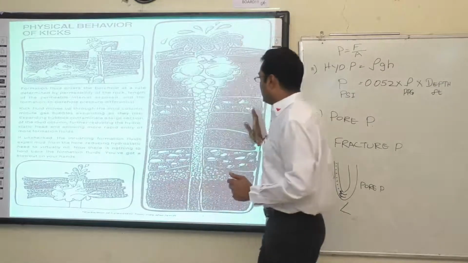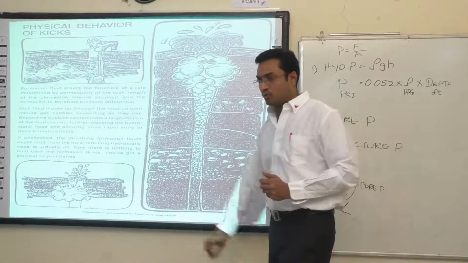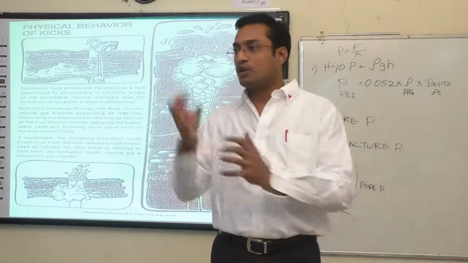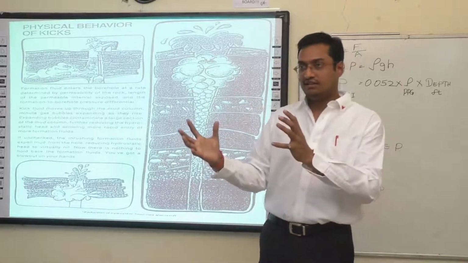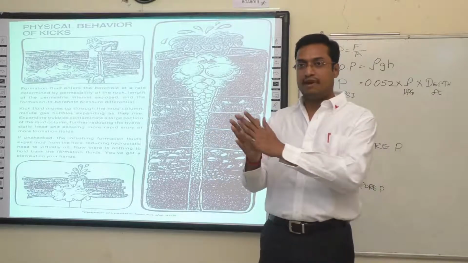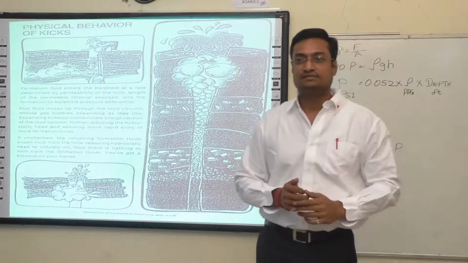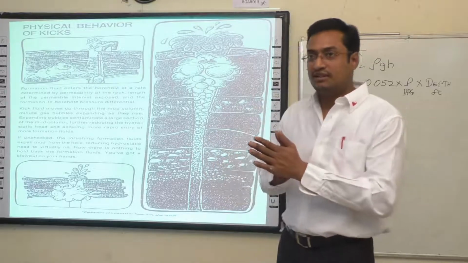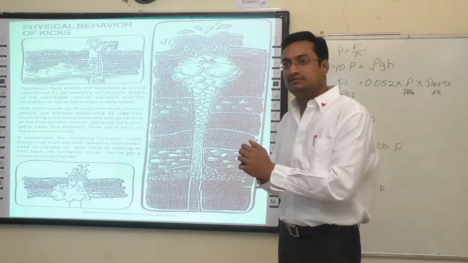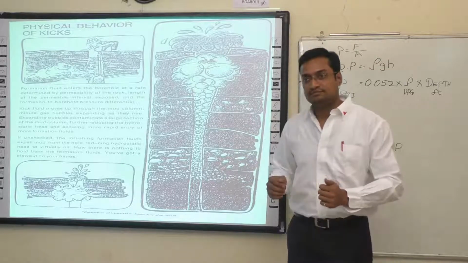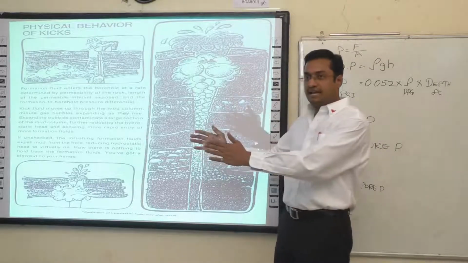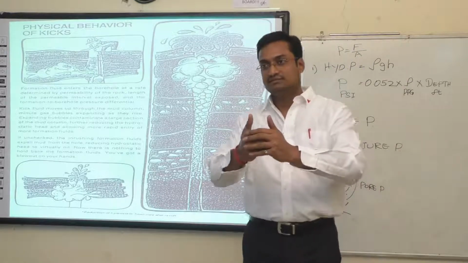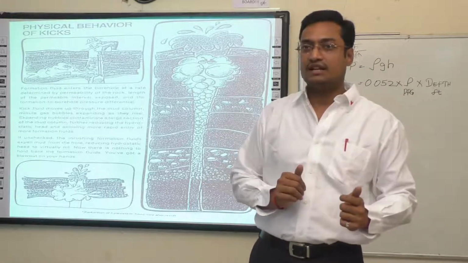Next, when the kick gets inside the wellbore, how is that kick going to behave? If it is a water kick, the pressure is going to get dissipated in the drilling fluid. Water is incompressible, so the pressure gets dissipated very quickly. A 5000 psi, when it is let into a 4000 psi, becomes less immediately.